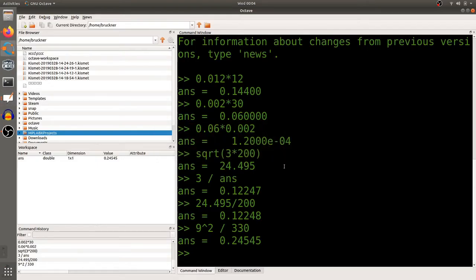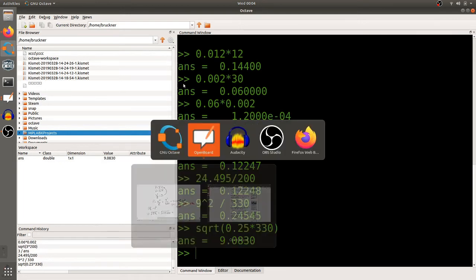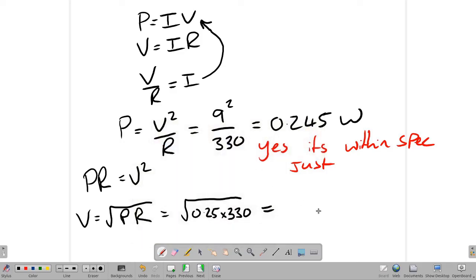Put this in our calculator. So we've got the square root of 0.25 times 330. So we get 9.083 volts. So just a little bit over 9.